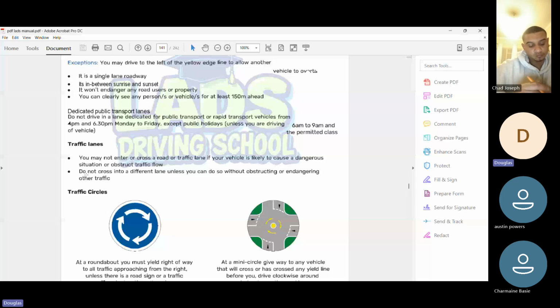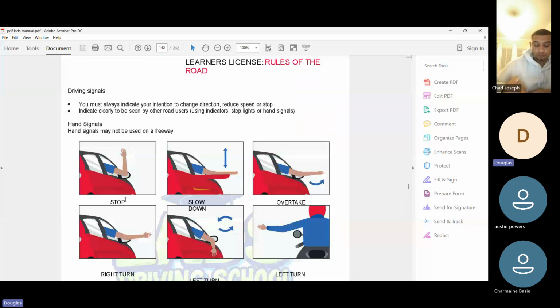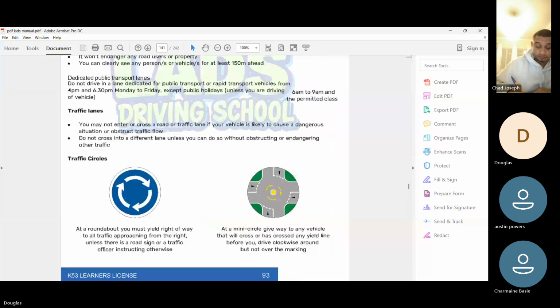Okay, we're coming to traffic circles. We have different types of traffic circles. Mostly, you're going to find that some are 3 lane, some of the exits are 3, some of the exits are 4. So depending on whichever traffic circle you're entering, the rule is the same.